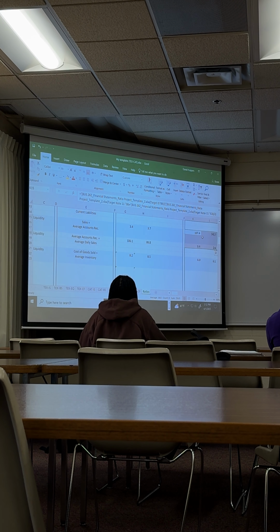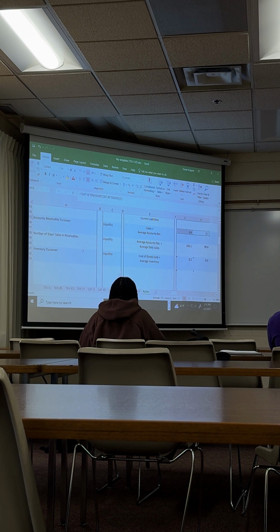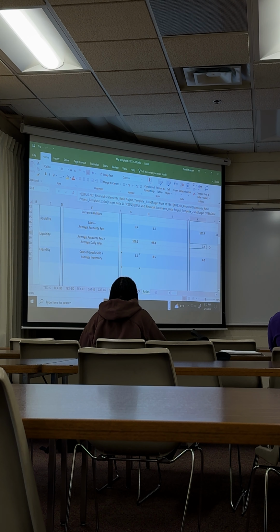Can anybody think of why that might be? Why is the accounts receivable turnover for Target so much higher than for Caterpillar? And why is the number of days sales in receivables for Caterpillar so dramatically higher than for Target?